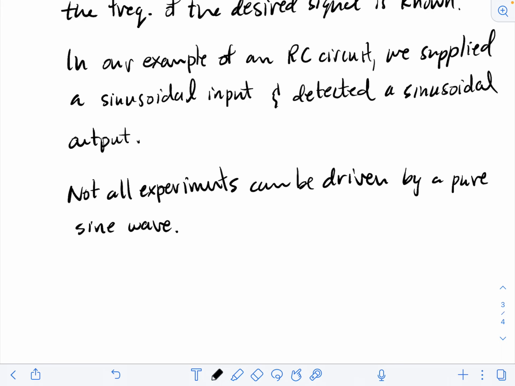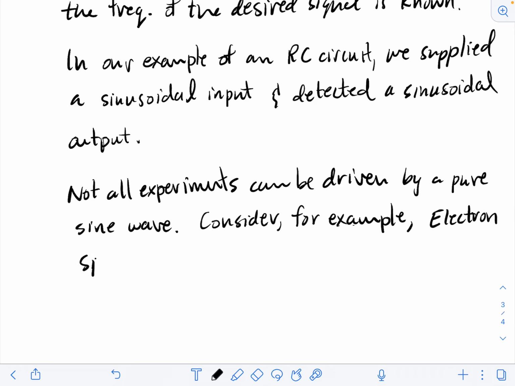And so we're going to approach this by thinking of a specific example. The example we're going to think of is an ESR experiment. So consider, for example, electron spin resonance. So ESR.